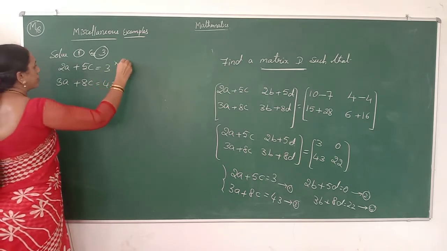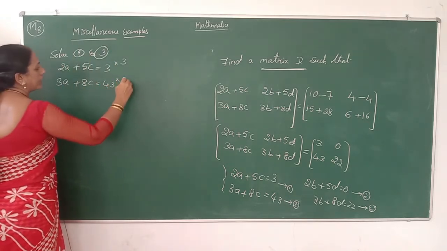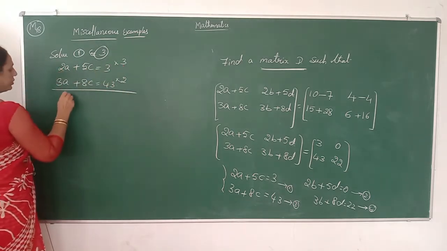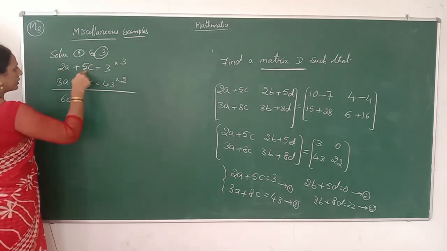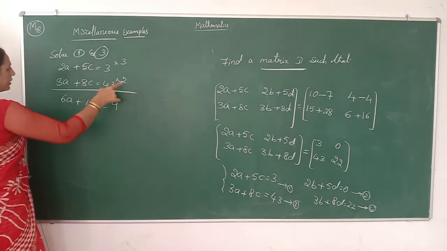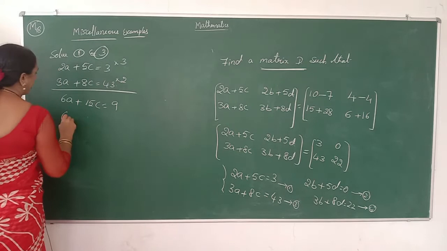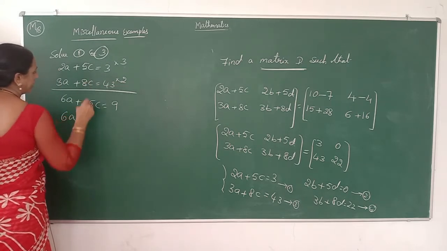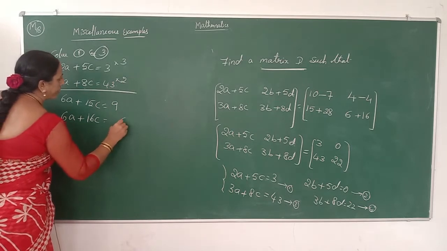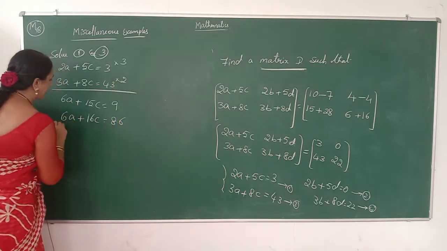The first equation is multiplied by 3 and the second equation is multiplied by 2. So 3 into 2 is 6A, 3 into 5 is 15C, 3 into 3 is 9. Again 2 into 3 is 6A, 8 into 2 is 16C, equals 43 into 2 is 86.